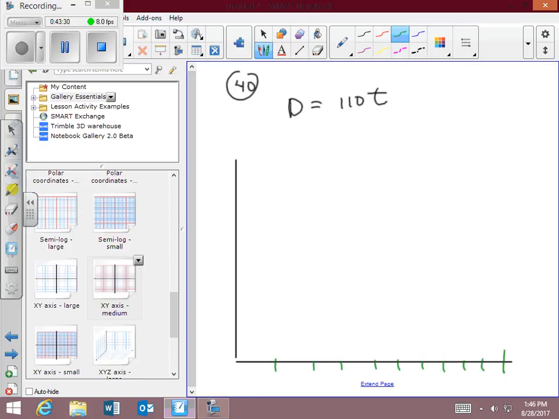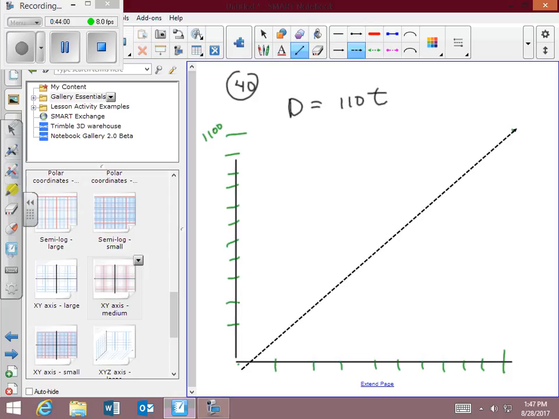So the maximum you go on this graph is 1,100, right? And in 0 seconds, you go here.